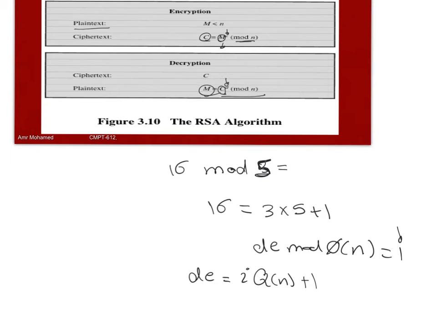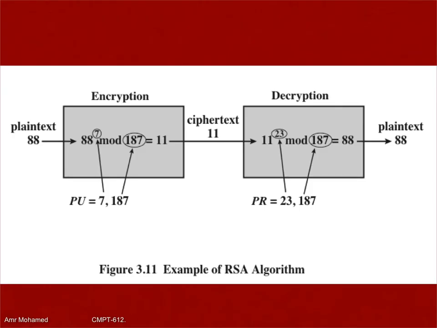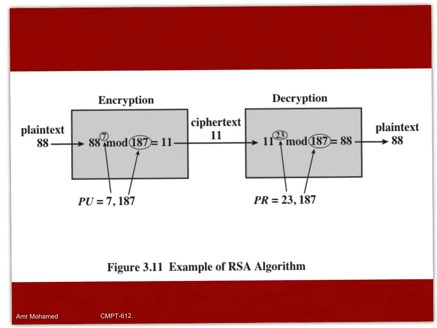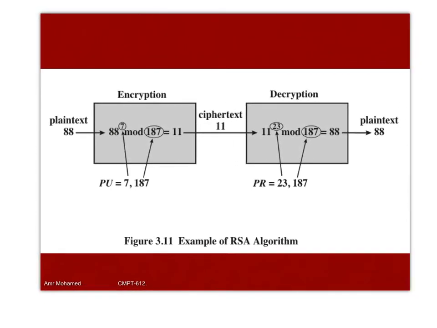So we can talk about a very small example. Here n is 187. Can you guess what P and Q are? Can you do it visually, quickly? Remember, this is a very low number. It's a multiplication of two prime numbers.